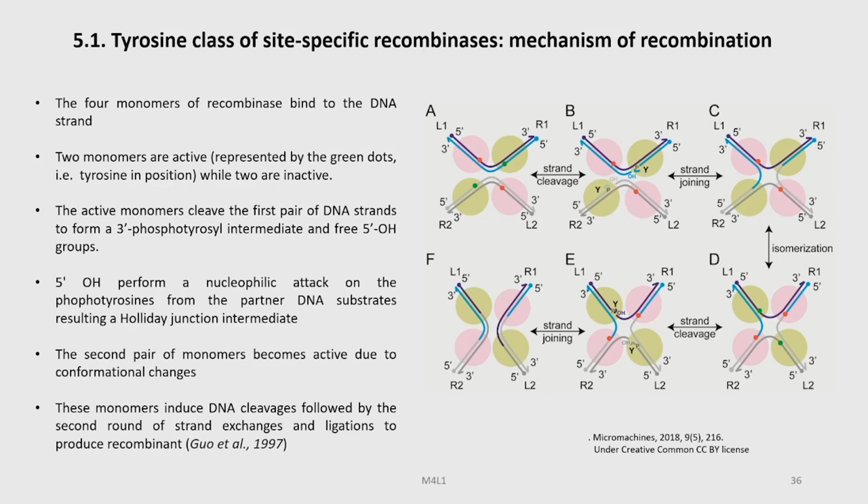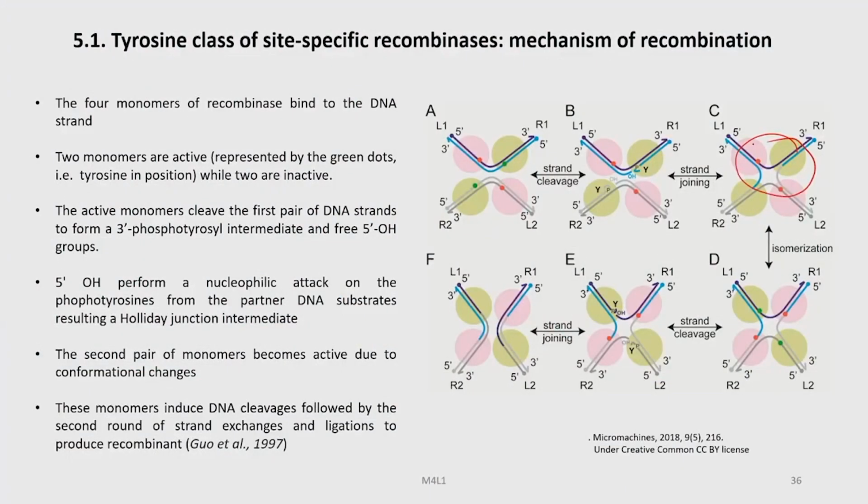The 5 prime hydroxyl performs a nucleophilic attack on the phosphotyrosines from the partner DNA substrates, leading to formation of a Holliday junction intermediate, as you can see over here, and then this is followed by an isomerization reaction which we have also studied in our earlier classes. The second pair of monomers becomes active due to conformational changes.